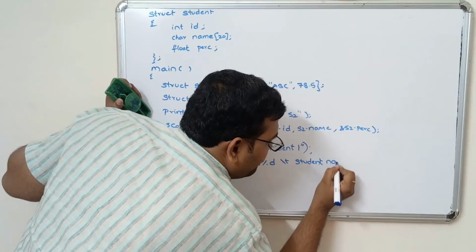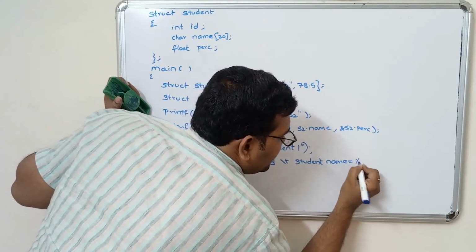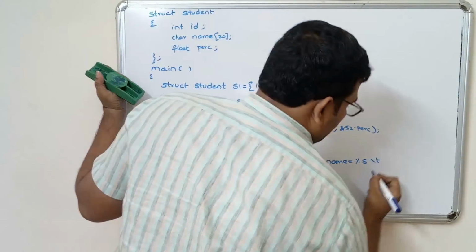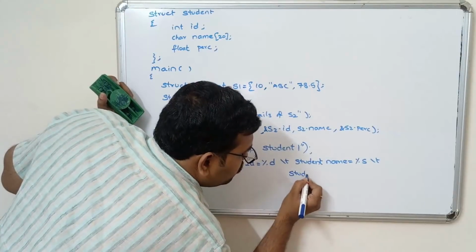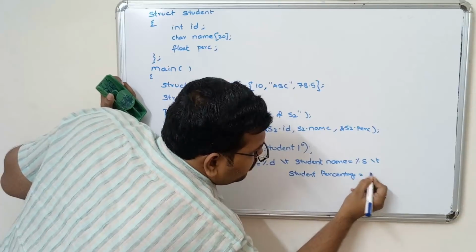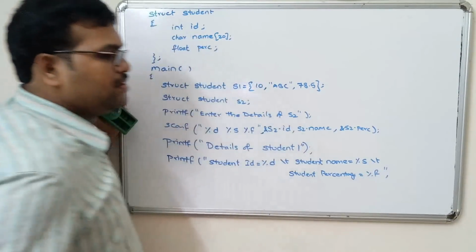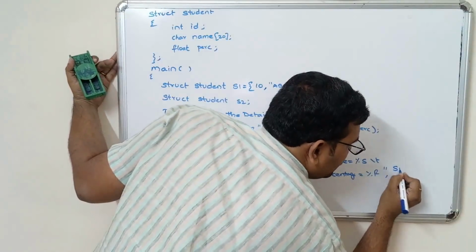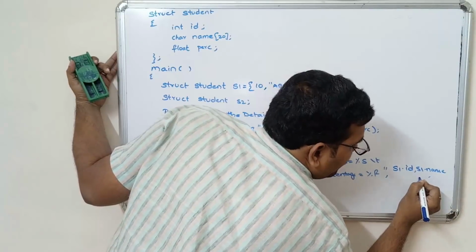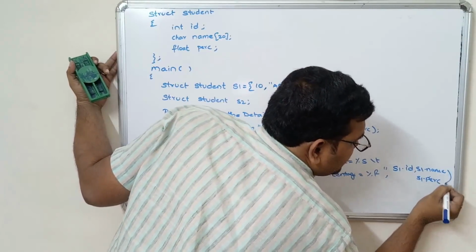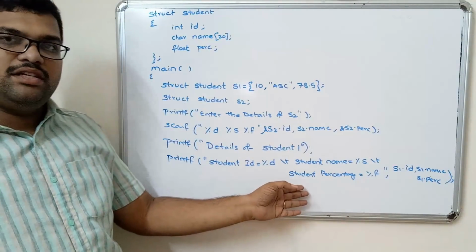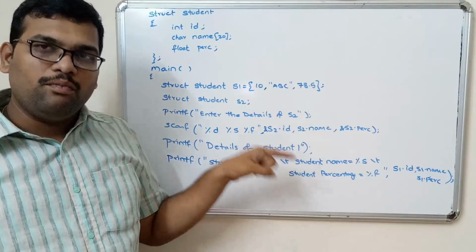Student name is equal to %s, tab, and student percentage is equal to %f, close. Then write down s1 dot id, s1 dot name, s1 dot percentage. This will display the details of student 1.